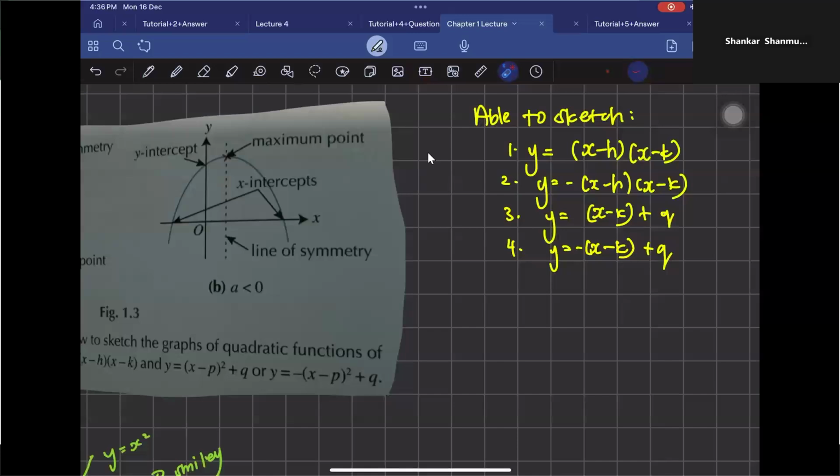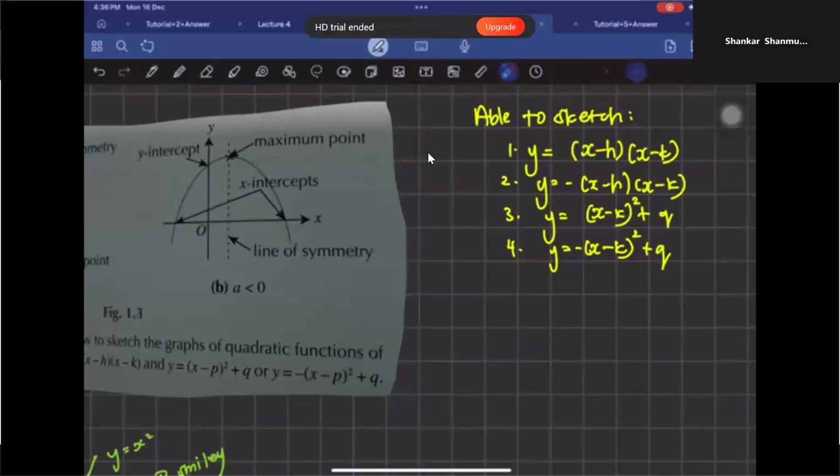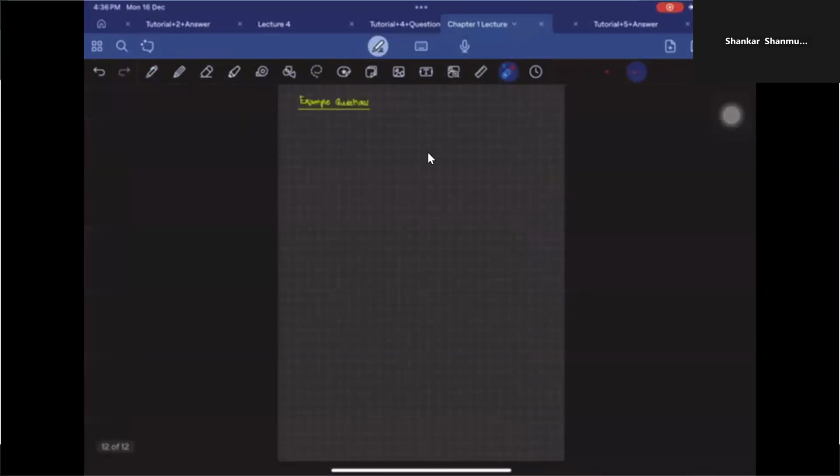The third one would be y equals (x minus k) squared. Oh, there's supposed to be a square here. My bad. Yeah. Okay. And the last one will be the same thing but with a negative sign. Okay. Now let's get on with it.